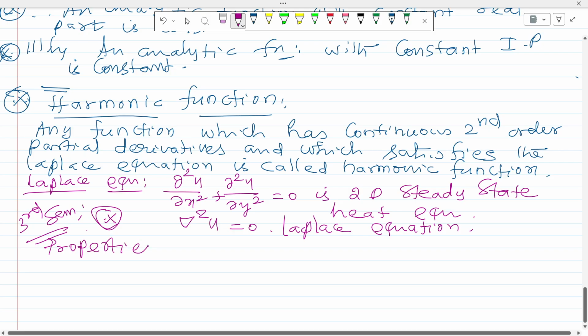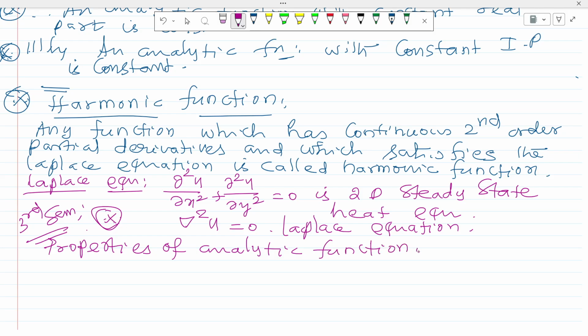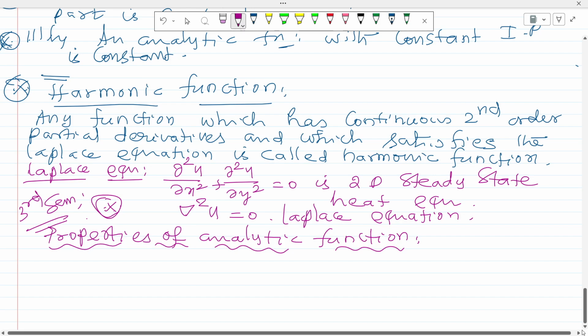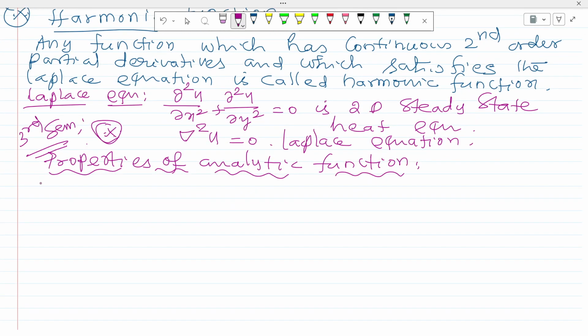Properties of analytic function. Property 1.